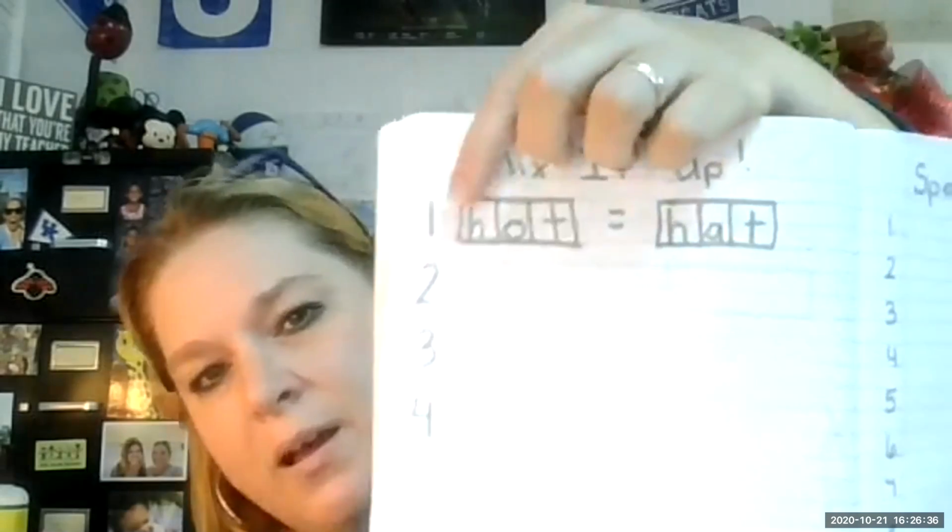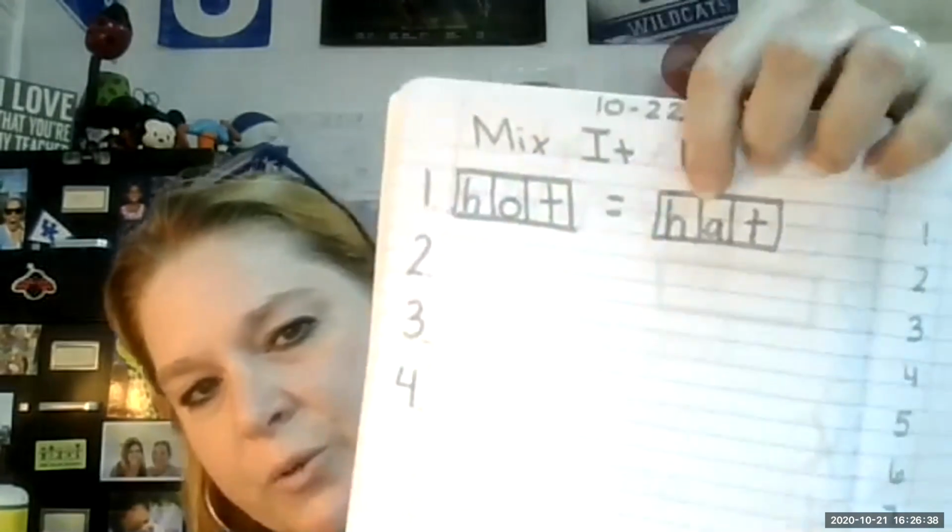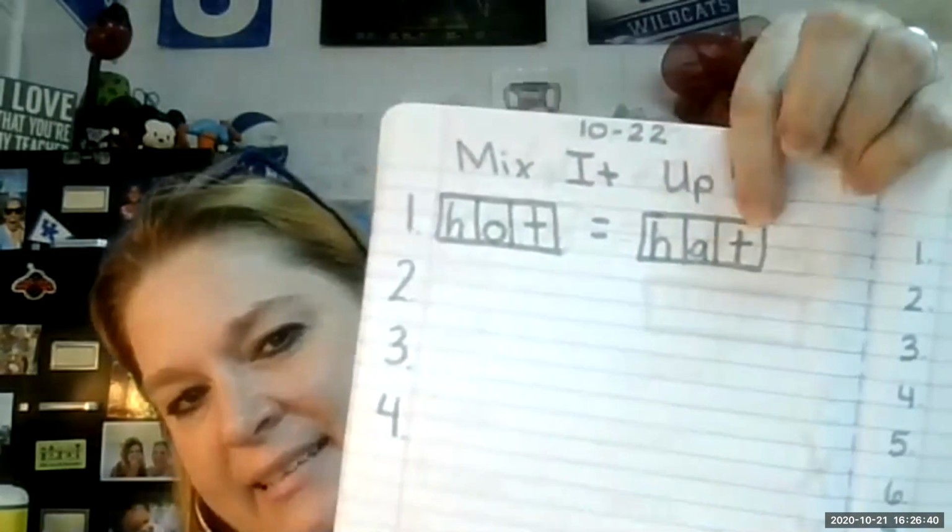What's the part that changed? It's the middle part. What letter do we know makes the ah sound? It's the letter A. So we went from hot to hat.